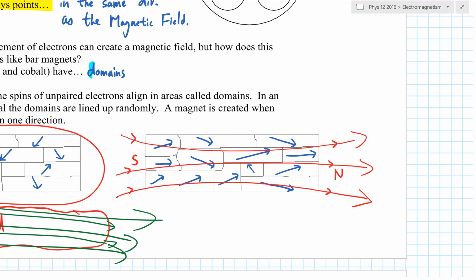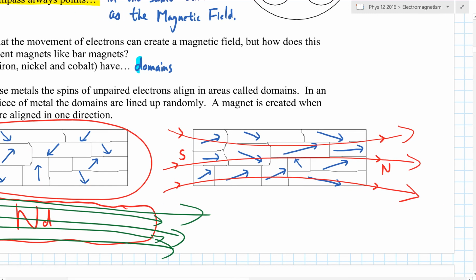Now, of course, I will show you when I come back, there is actually a small machine that we have that will pass a strong current through the metal and force all the electrons to line up more or less and make the magnetic effect stronger instantaneously, instead of waiting for a few days.